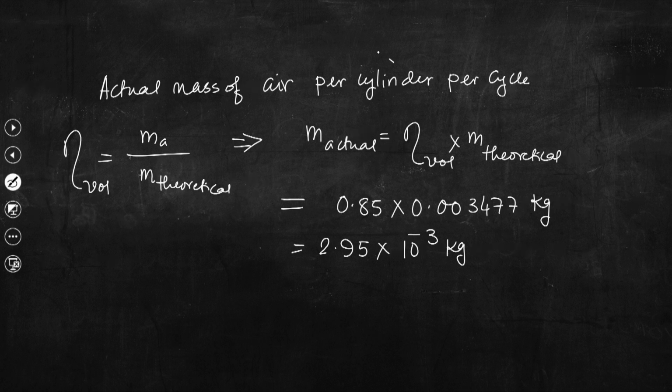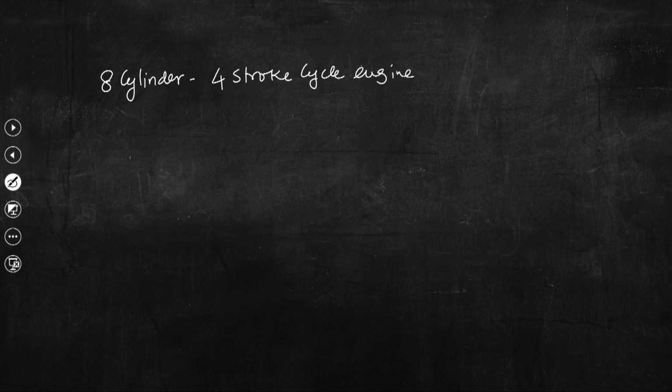Per cylinder per cycle, that is very important. In the problem statement it is given there are 8 cylinders. So, if we go to the next slide, this is an 8 cylinder 4 stroke cycle engine, and then we can calculate the actual mass of air per cycle.